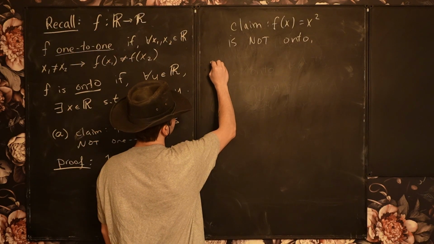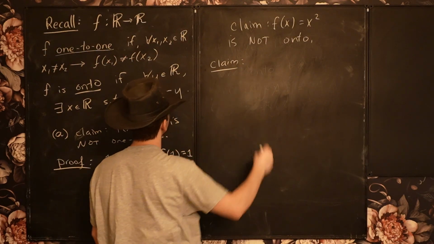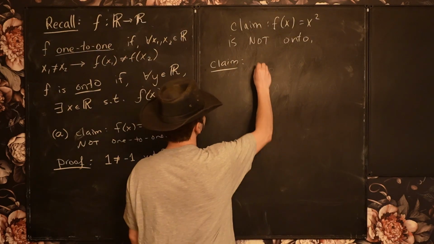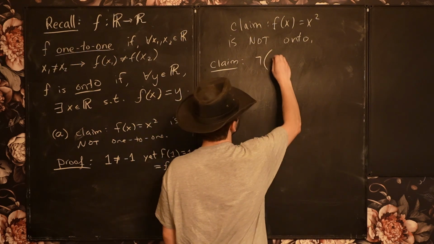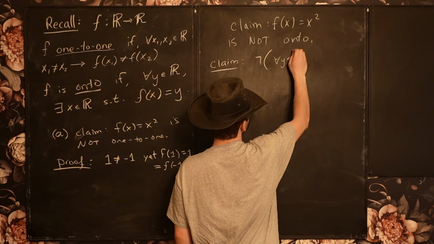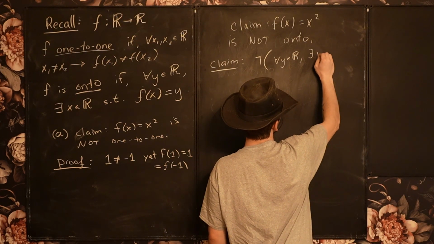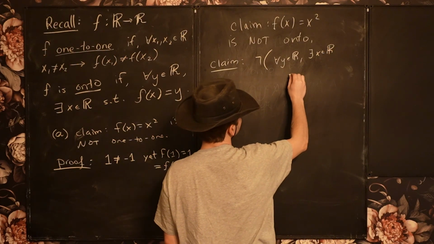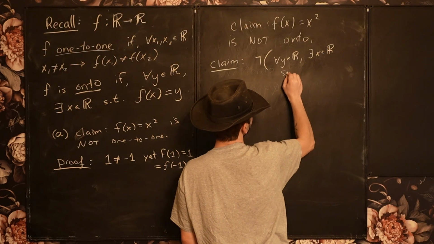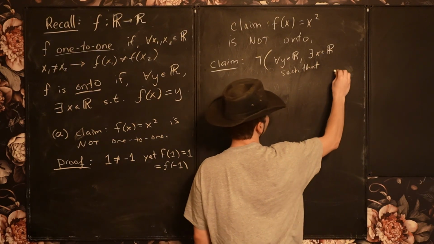Our claim is equivalent to the following claim in logic notation, that we're negating the statement that for all y in R, there exists an x in R such that f of x equals y.